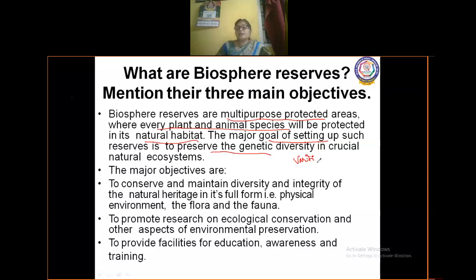As Indians are diverse in their culture and language, in the same way these animals and vegetation are in variety. Diversity is crucial to the natural ecosystem, so they have to be preserved. So the major objective is to conserve and maintain diversity and integrity. That is, in diversity there should be integrity. They have to be bonded in their existence.